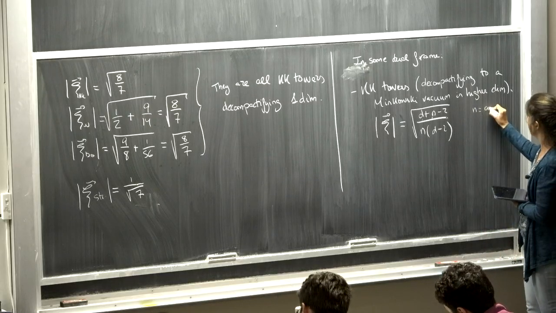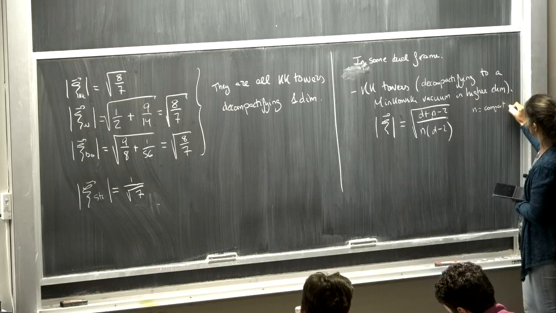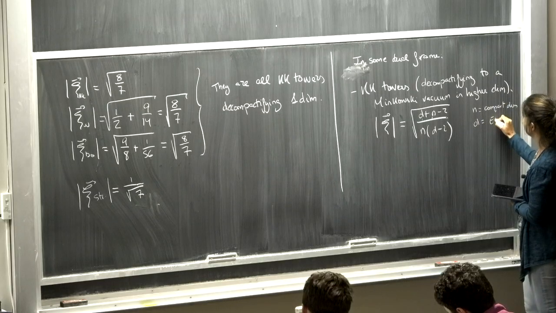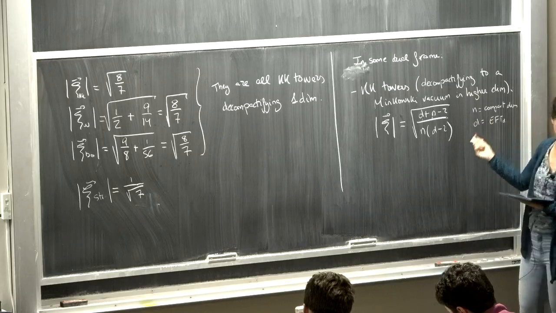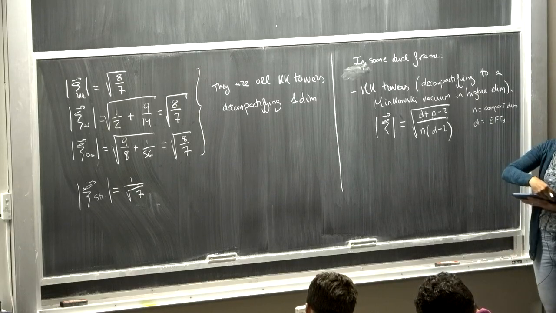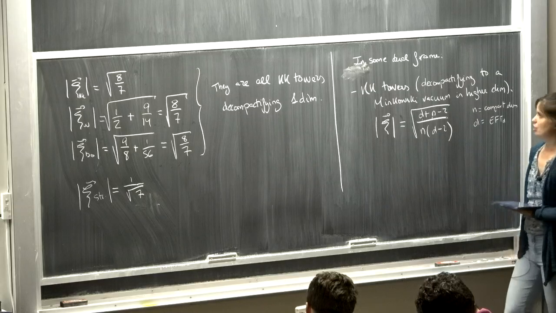So n compact dimensions, and d is the dimension of the EFT. Okay? So this is general.